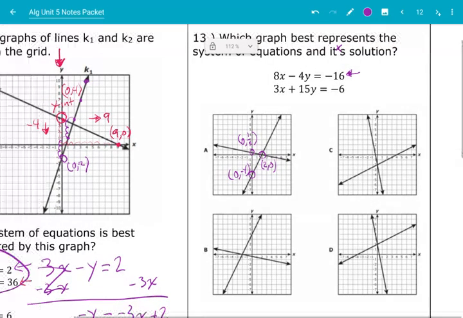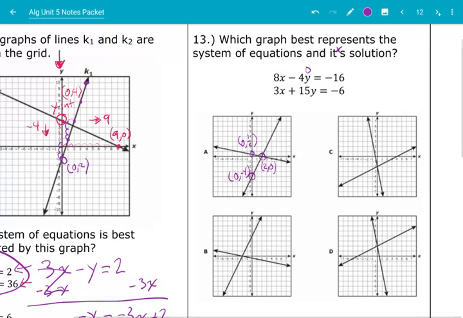Well, we could go through and do all that, but here's what I'm getting at. Let's find the intercepts here. And the way you do that is, if you want to find the x-intercept, then you set y equal to 0. And if y is 0, then that means this whole term is 0, because anything times 0 is 0.